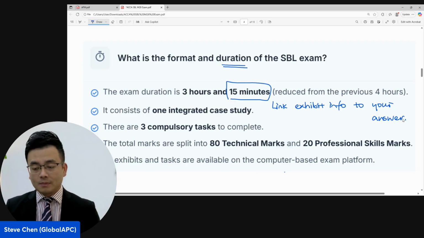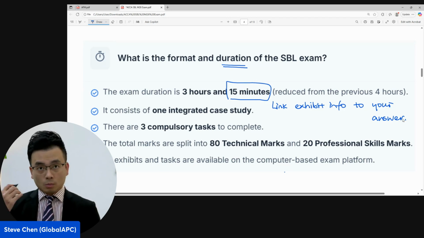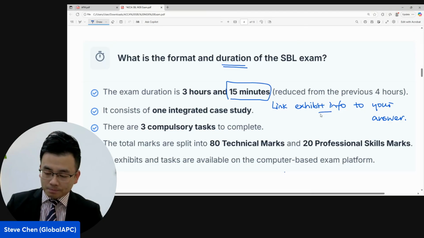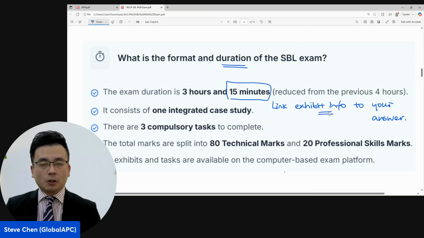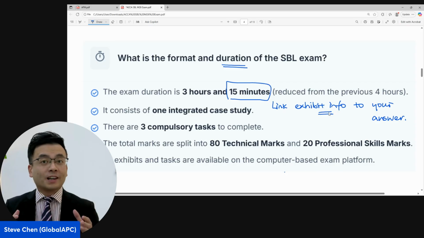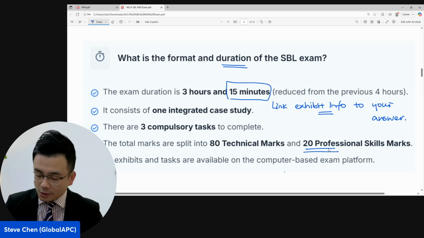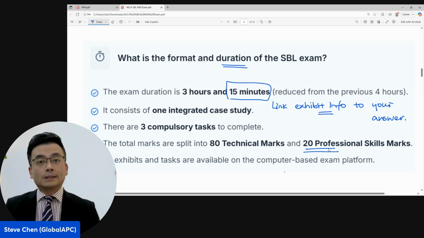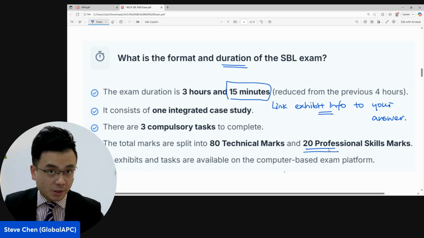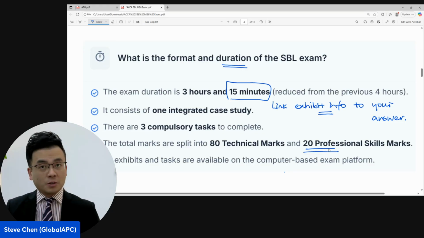The marks will almost all come from the exhibit information, plus where you can twist the exhibit information and combine that with your answer. Even the 20 professional skills marks come from the exhibit information. So make sure that you utilize them properly.